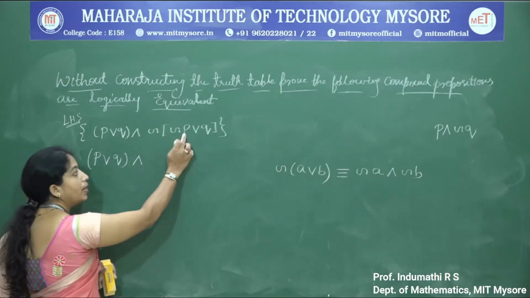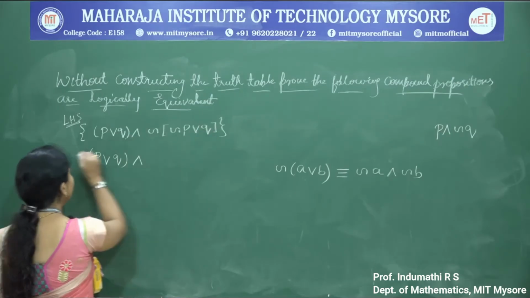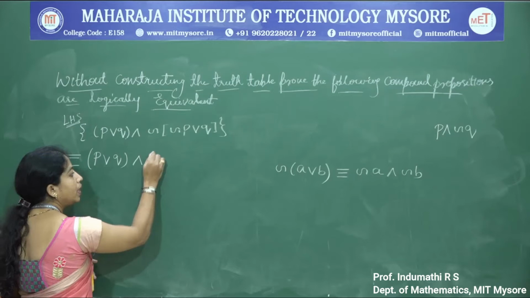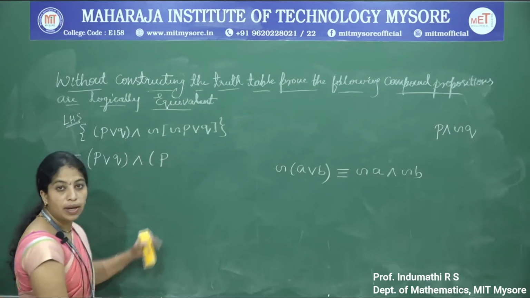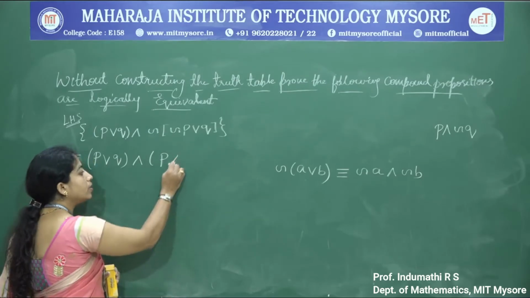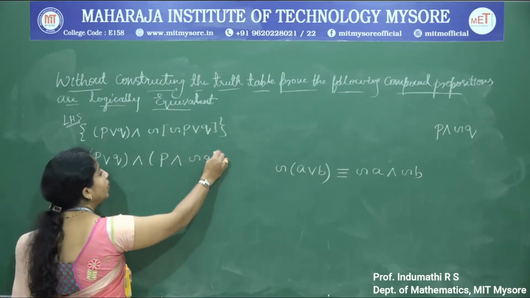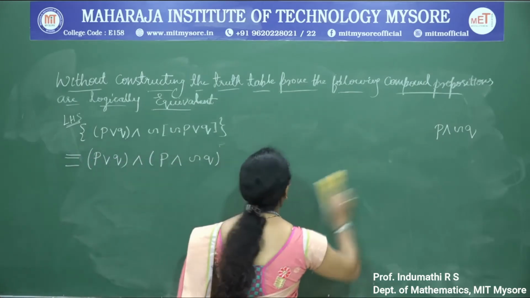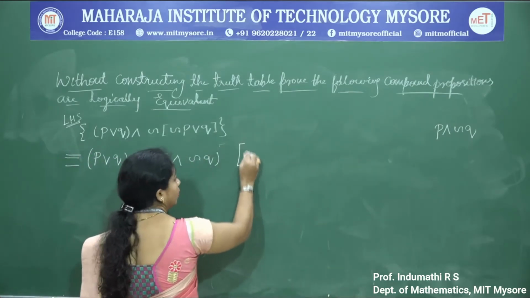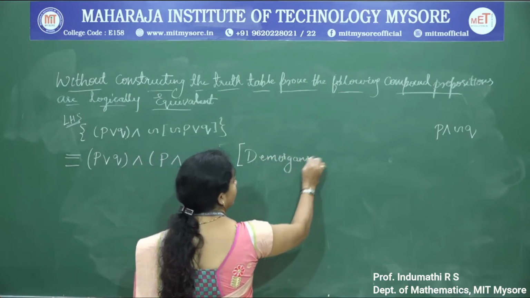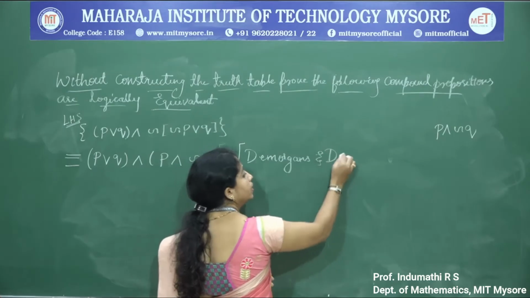Now, negation of negation P disjunction Q is logically equivalent to negation of negation P. Negation of negation P is P, that is by using the law of double negation. Conjunction negation Q. Now, in this step we have applied the law of De Morgan's as well as double negation.